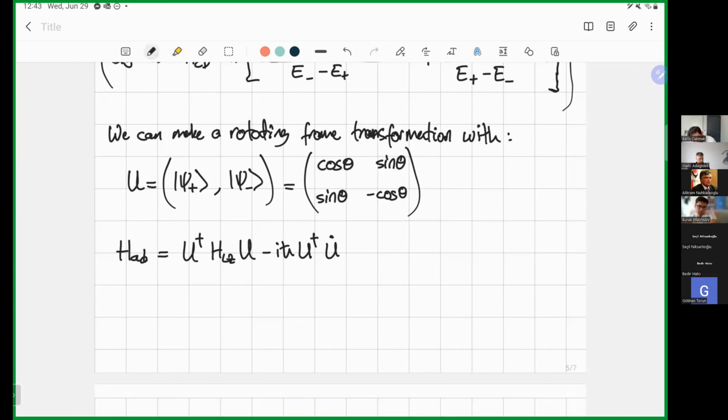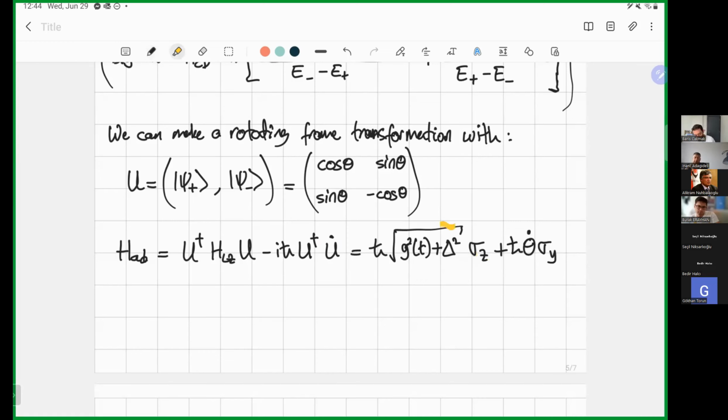Now, in the adiabatic basis, this Hamiltonian looks something like this: h bar square root of g squared t squared plus delta squared, sigma z, plus h bar theta dot, remember theta is time dependent again, sigma y. Now we can immediately see what causes the problem.